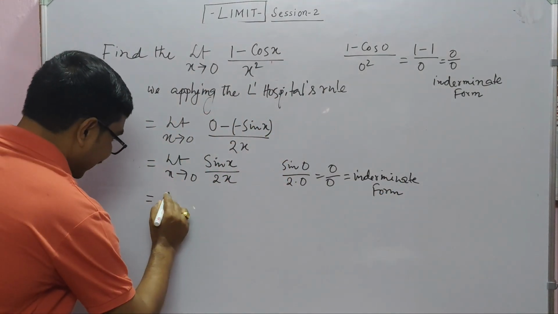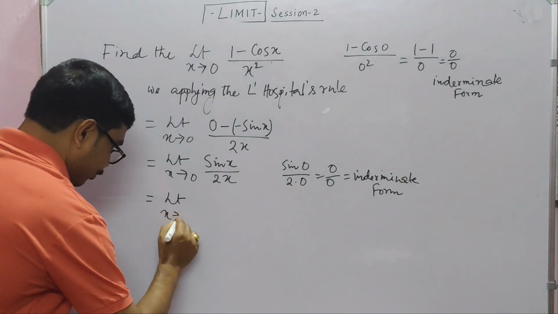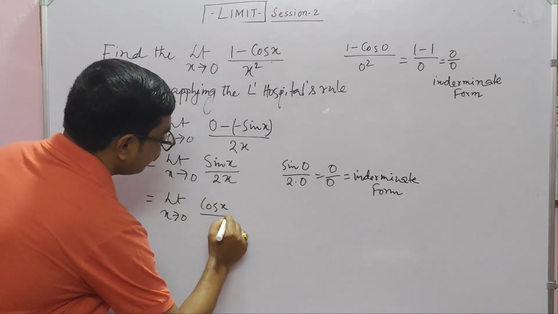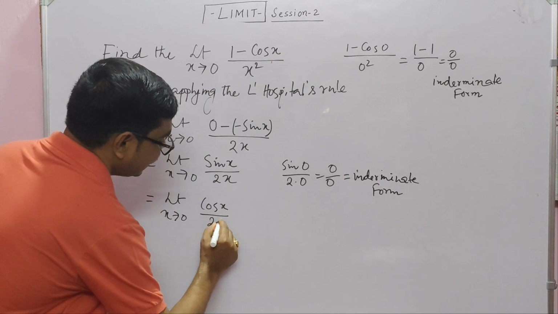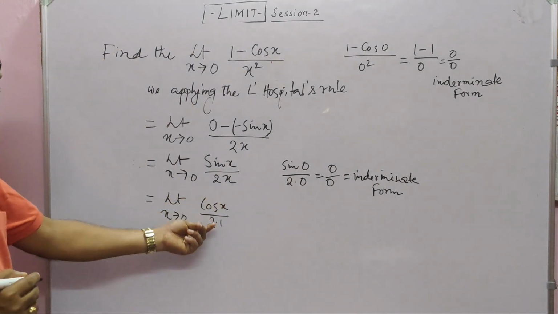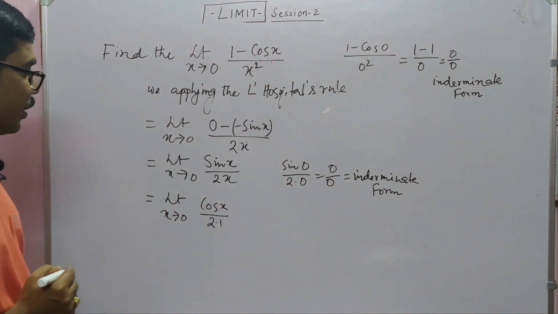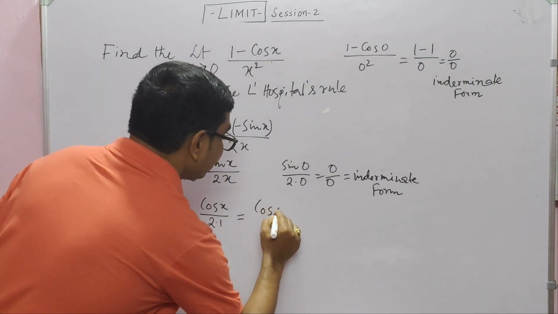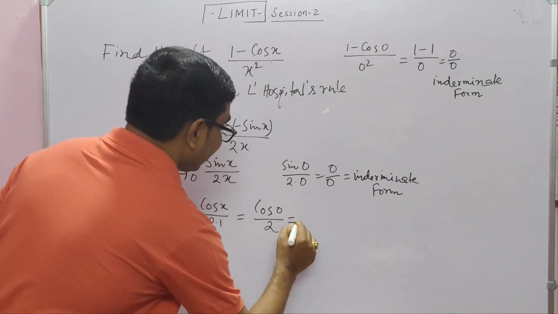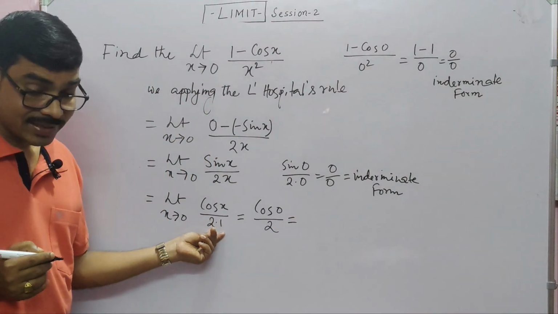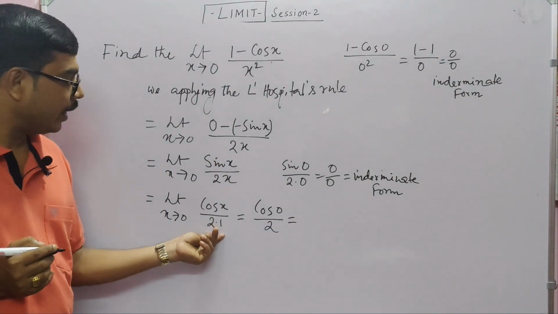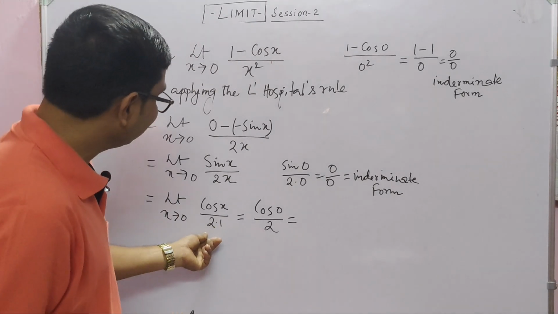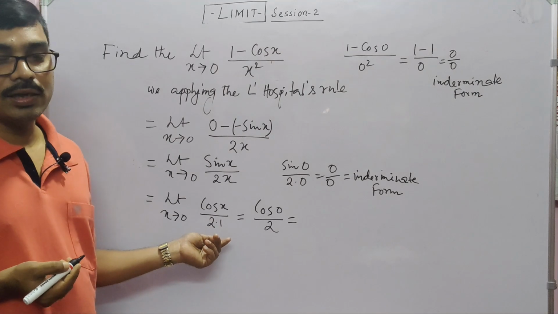Now again take the derivative: sin x's derivative is cos x, by 2x's derivative, 2 is a constant and x's derivative is 1, that is cos x by 2 into 1. Put in the value again: cos 0 by 2, that is g double dash of a is not equal to 0, so we are out of this indeterminate form.